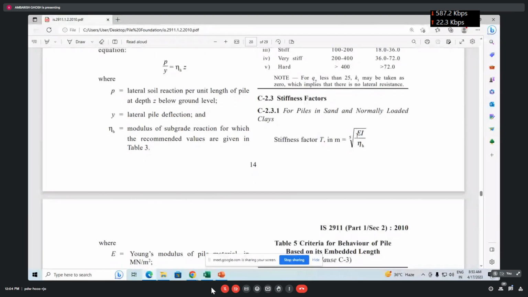Use proper units. For E, you have to know the grade of concrete that you are using in the pile. I is the moment of inertia of the pile. So if you use a pile of diameter say 500, I will be pi into 500 to the power 4 by 64, and E is 5000 into root over fck.